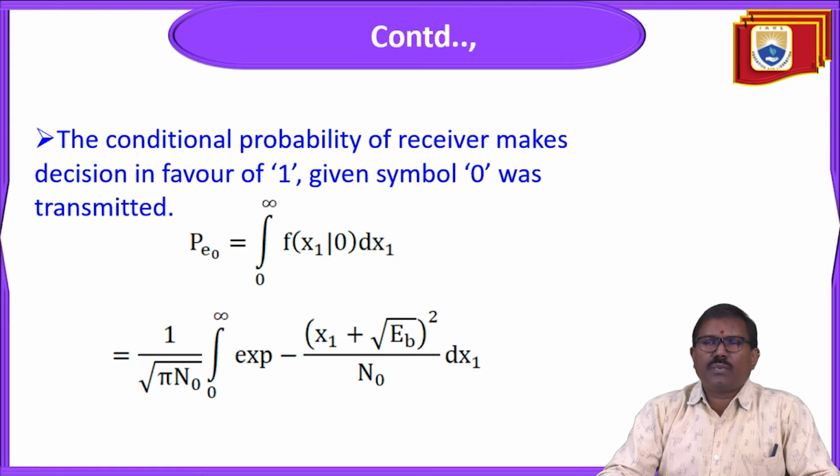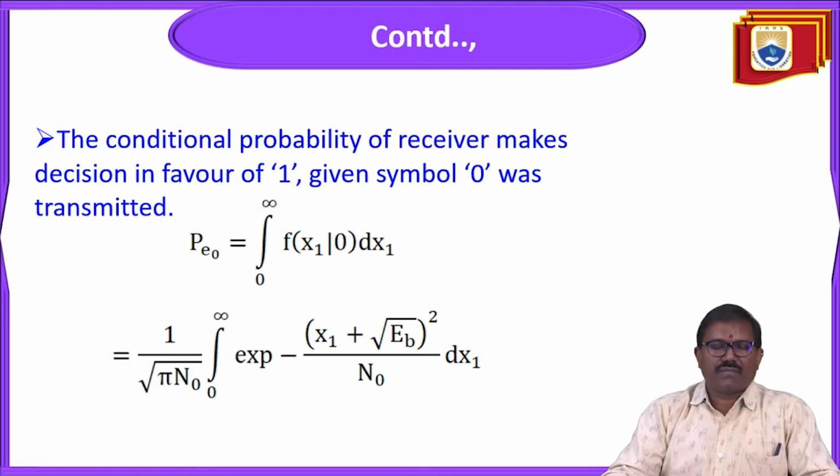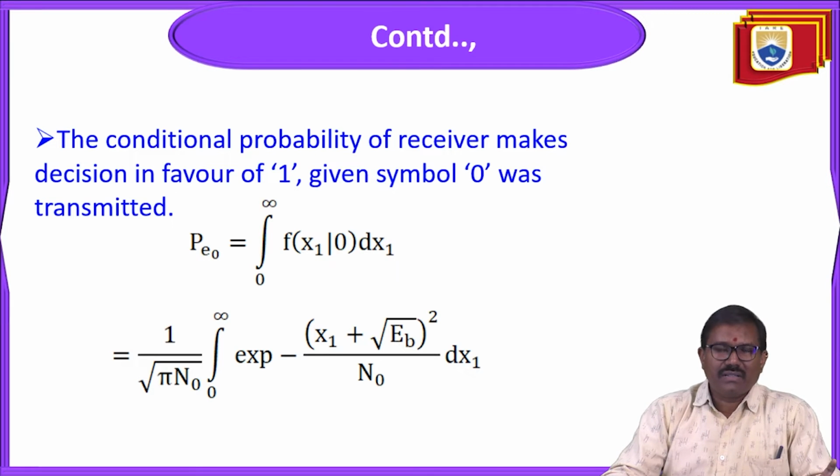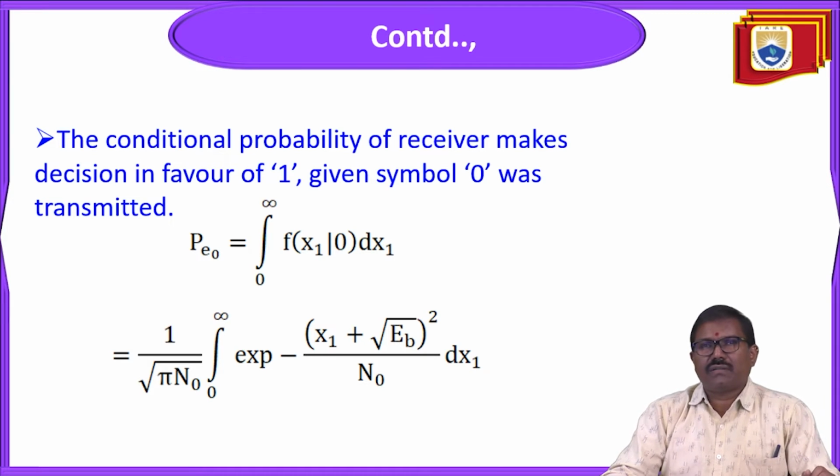So the conditional probability of the receiver making a decision in favor of 1 given symbol 0 was transmitted, that is how the error arises. 0 is transmitted, but the receiver makes a decision in favor of 1, so here we got the error.